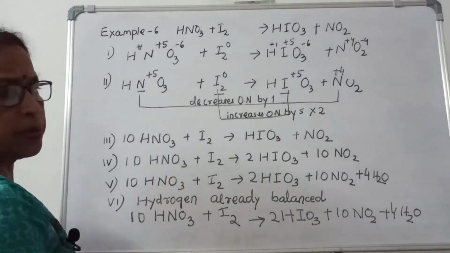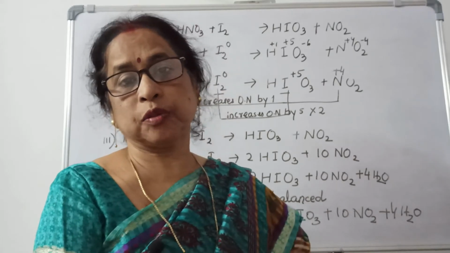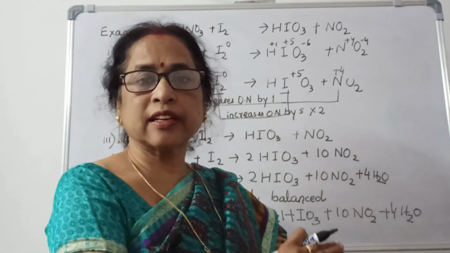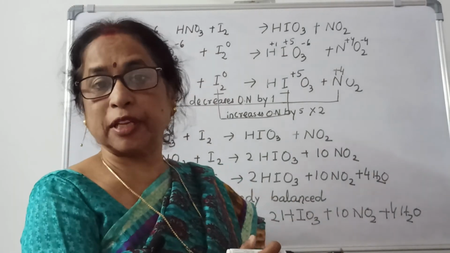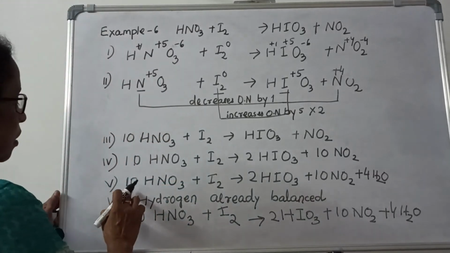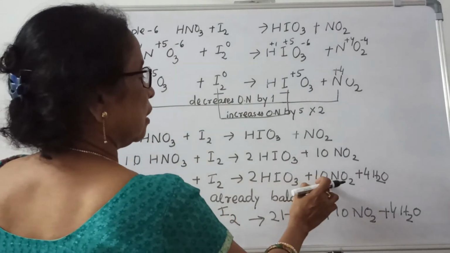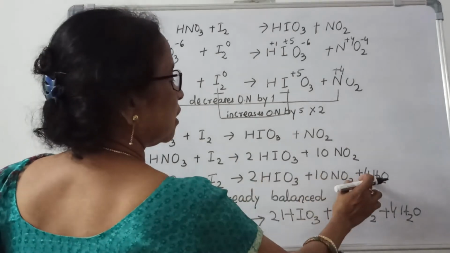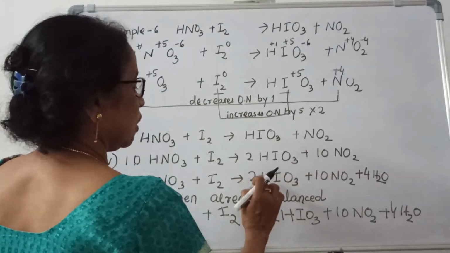After that we observe what is our duty. We will make balance about hydrogen atoms on both sides, reactant side and product side. First we will check how many hydrogen atoms are present on the product side and the reactant side. Now here you check 10H, and 2H plus 8H. That means here it is 10H, here also it is 10H.